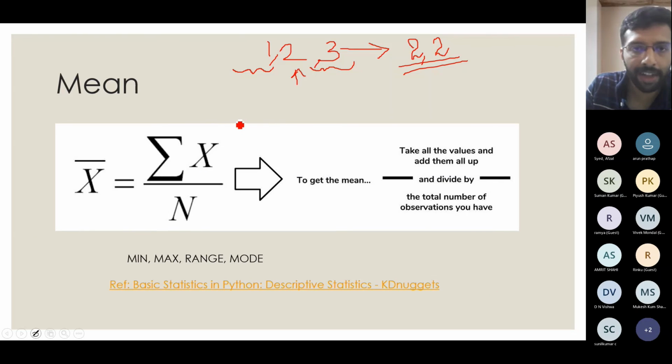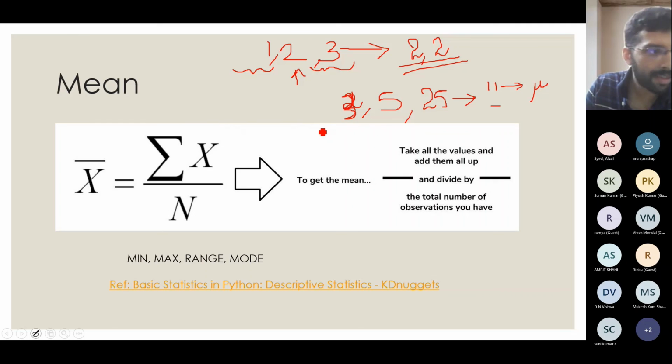So now suppose I have a data like 1, 5, and 25. So mean for my data is what? Let me make it 3 just to make the calculation easier. So 3, 5, 25. So my mean is 33 by 3, which is 11, my mu, and my median is 5.